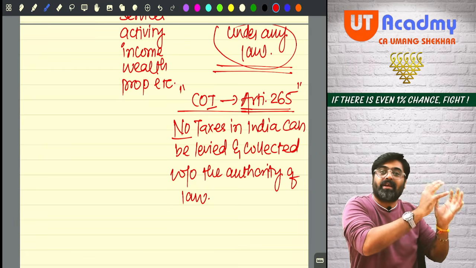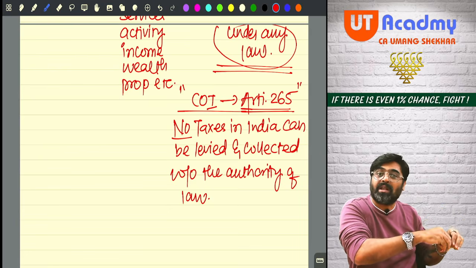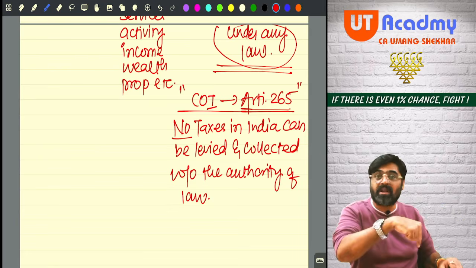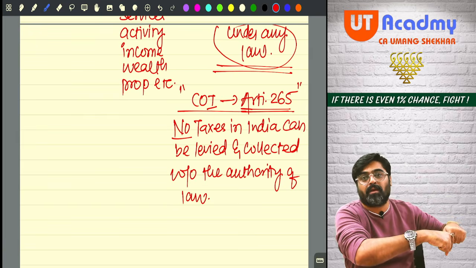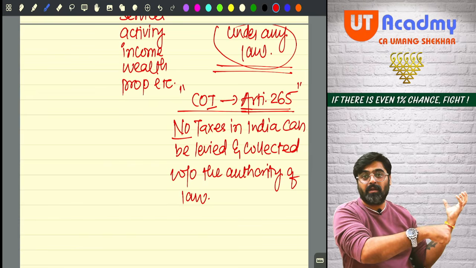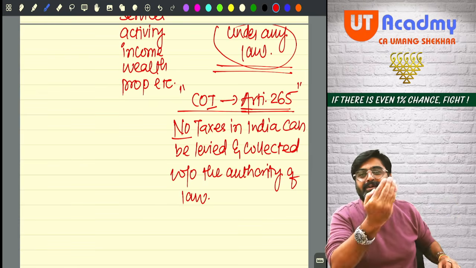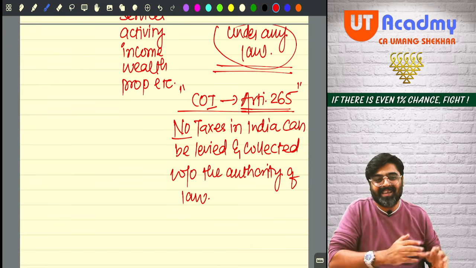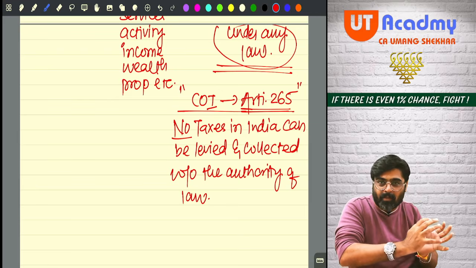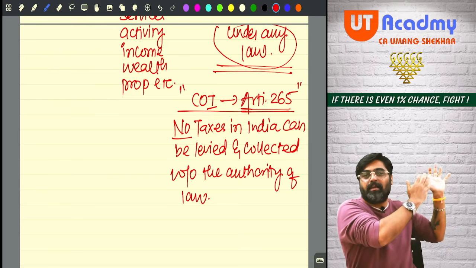But those taxes are not levied on us. They are levied on the shopkeeper who is selling that product. But that shopkeeper smartly shifts that burden to the consumer. He collects those taxes from our pocket and passes the same to the government.